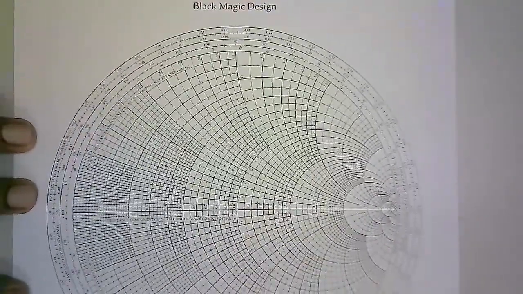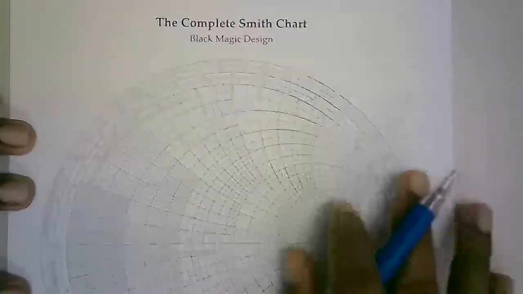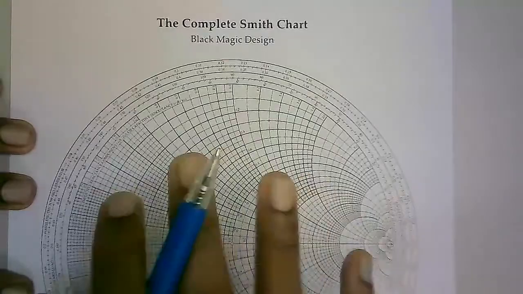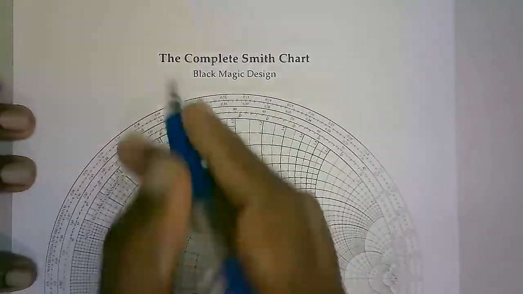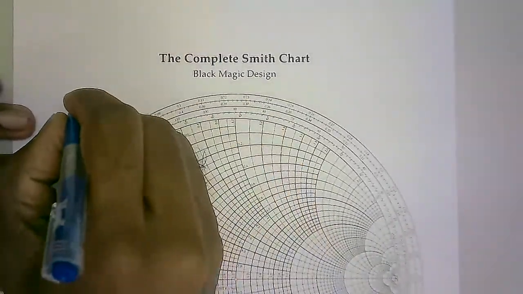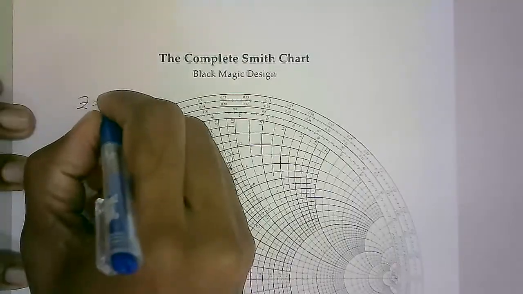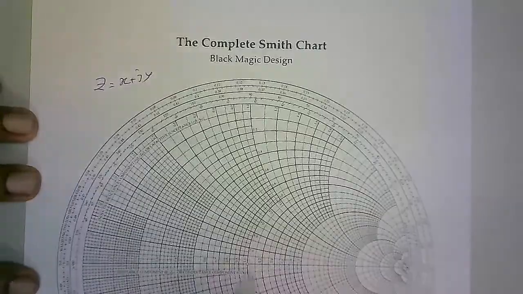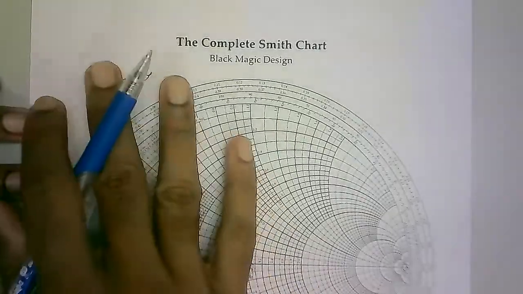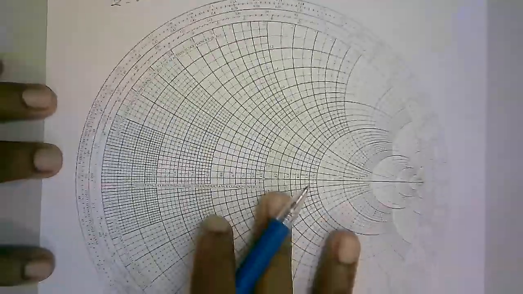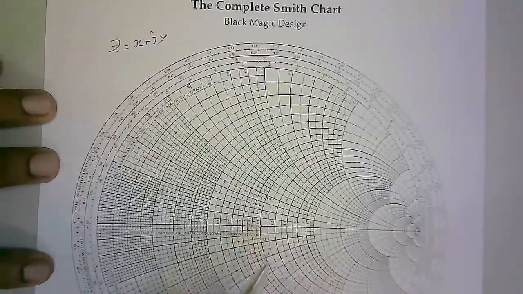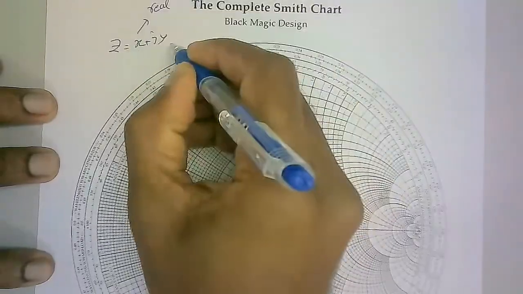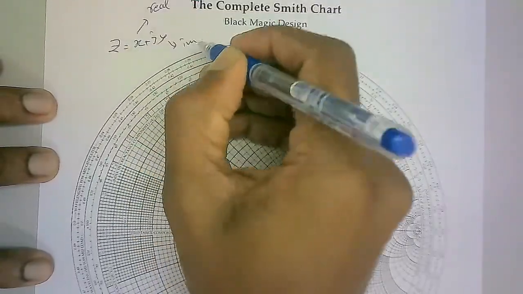So now we go inside the content. Since we talk about impedance, we need an impedance, right? So let's say we have an impedance of Z equals X plus jY. If this is an impedance, we can plot it in this Smith chart. How? This is the real part, right? And this is imaginary, right?